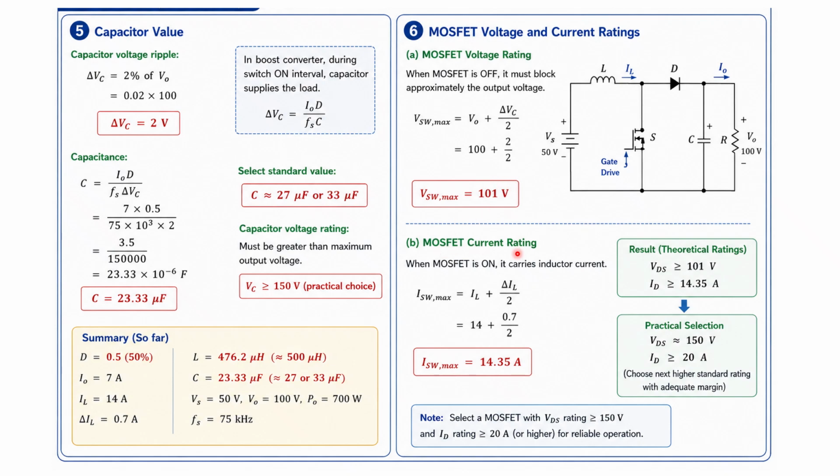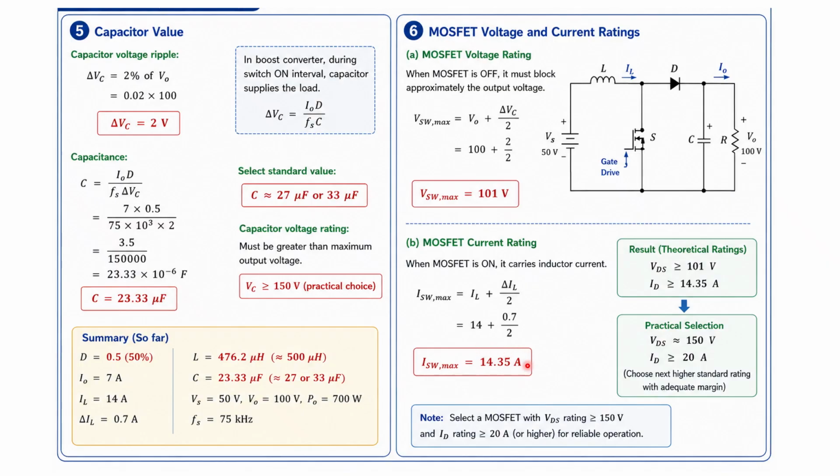Now the MOSFET current rating should be greater than the peak value of your inductor current. The average value of inductor current is 14 plus delta IL by 2, 0.7 by 2. This is the peak value of your inductor current. So when you solve this, you will get 14.35 ampere.